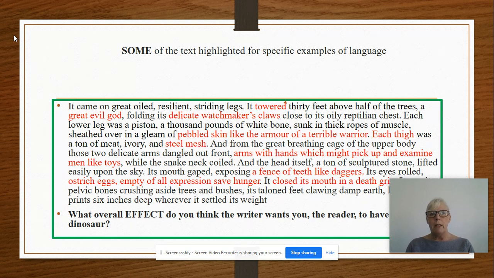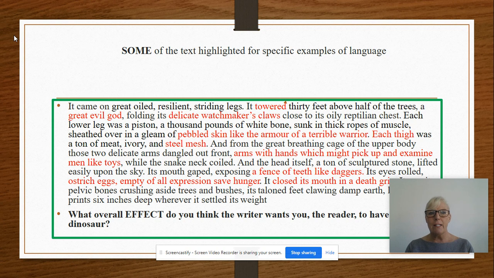In red pen, I've put that it towered 30 feet above half the trees, a great evil god. I've got delicate watchmaker's claws. You'll see I've got a number of other little pieces that I've chosen to explain what effect I think the writer wants me to have about the dinosaur.